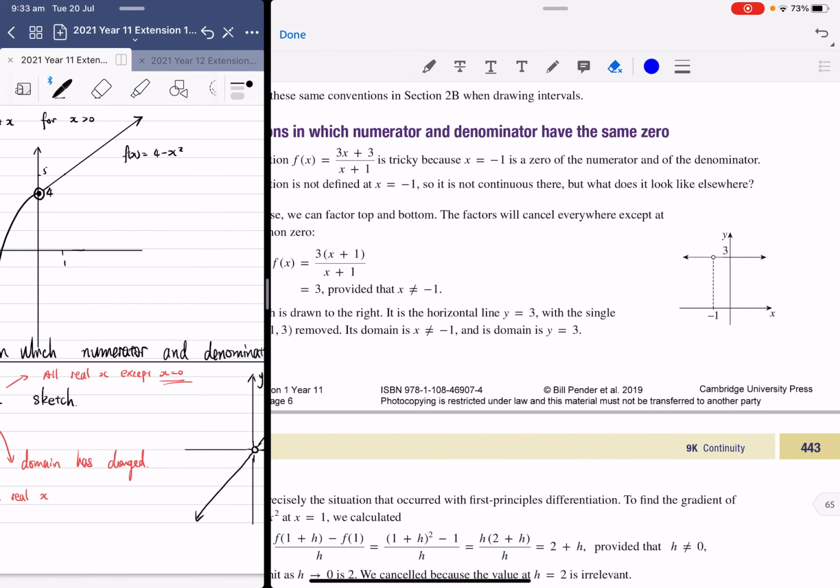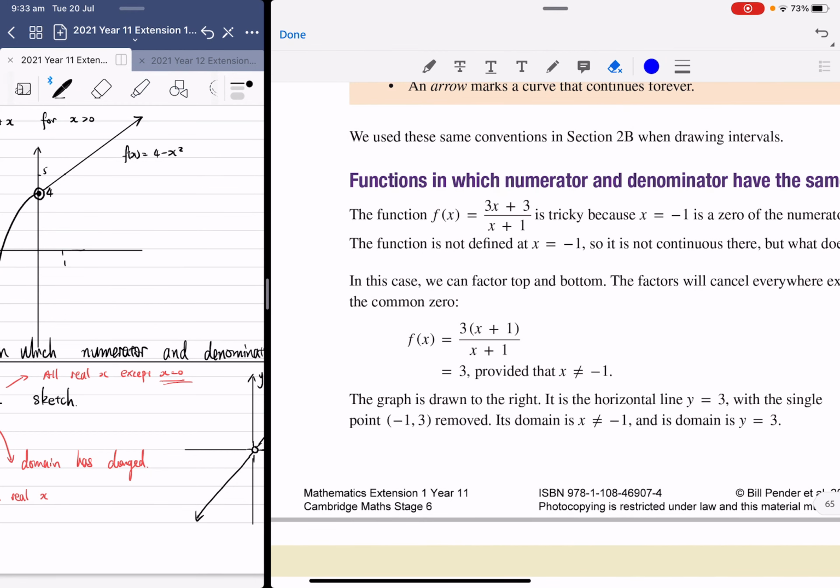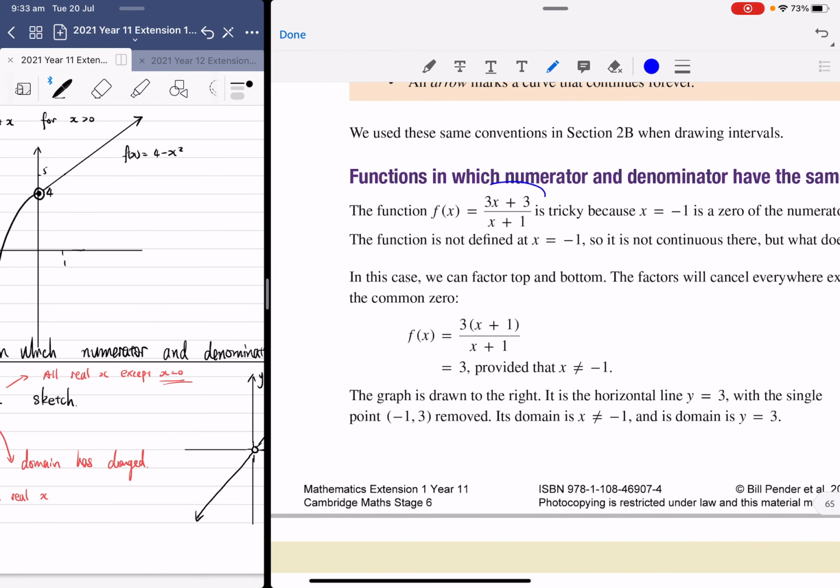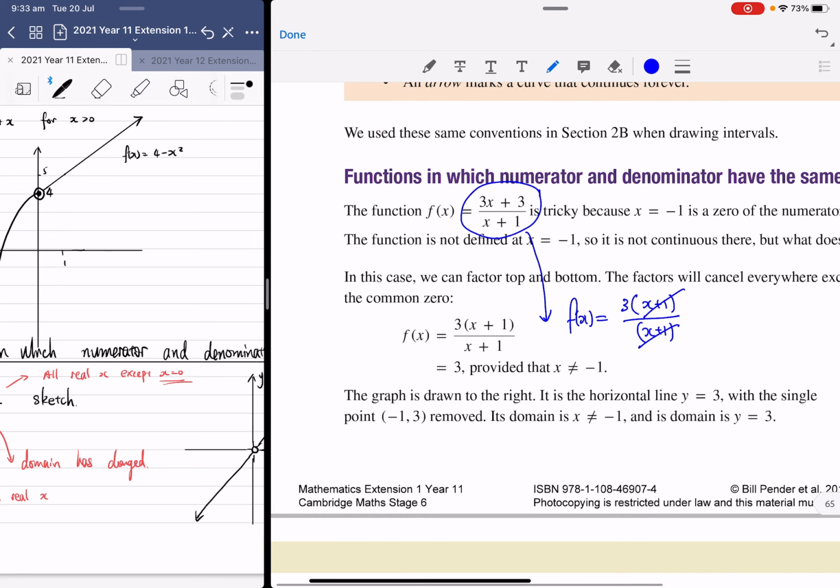If you look at the example they provide here, f(x) equals (3x plus 3) over (x plus 1), the same thing happens, because you can factorize the numerator and then cancel the denominators. They do have the same zeros when x is equal to -1. So you end up with 3. That means when you sketch the function, it's just a horizontal line y equals 3.